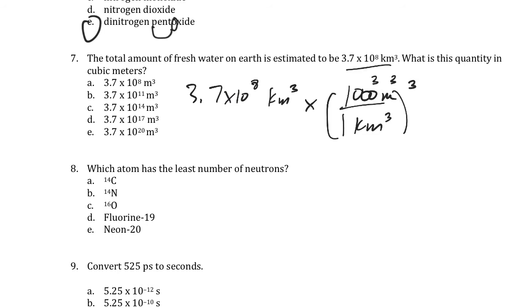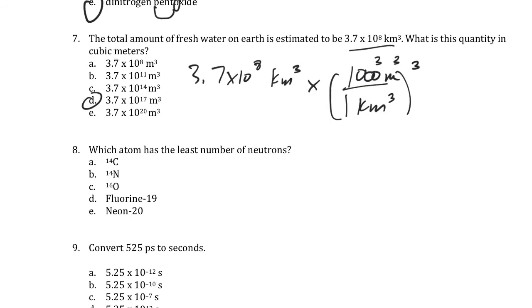And so this will end up being times 10 to the 17. I'm going to double check that arithmetic, but the whole idea here, 3.7 times 10 to the 8 times 1,000 raised to the power of 3, 1,000 caret 3. Yep, so 3.7 times 10 to the 17.